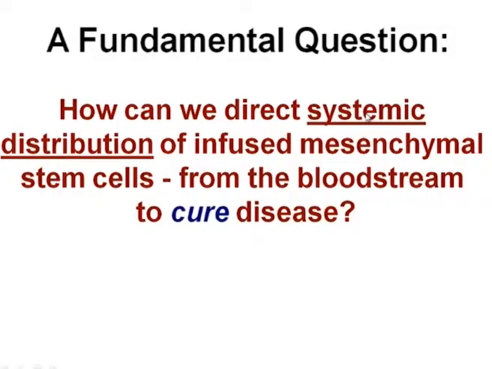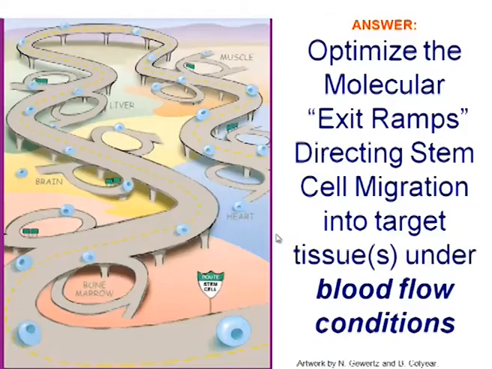So the fundamental question we have is, how can we direct systemic distribution of infused mesenchymal stem cells from the bloodstream to cure disease? Well, simply put, it's analogous to driving on a freeway, an autopista, an autostrada, an interstate highway.